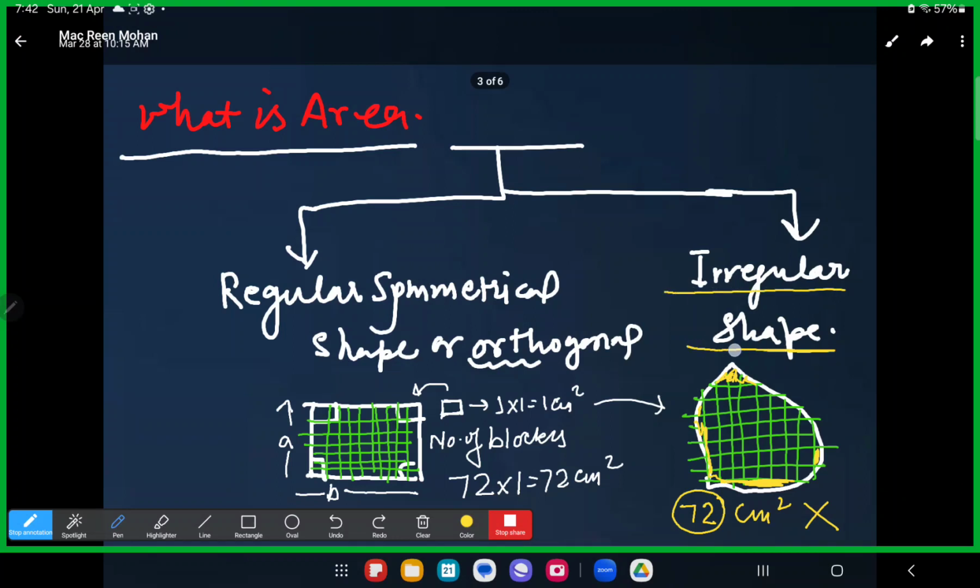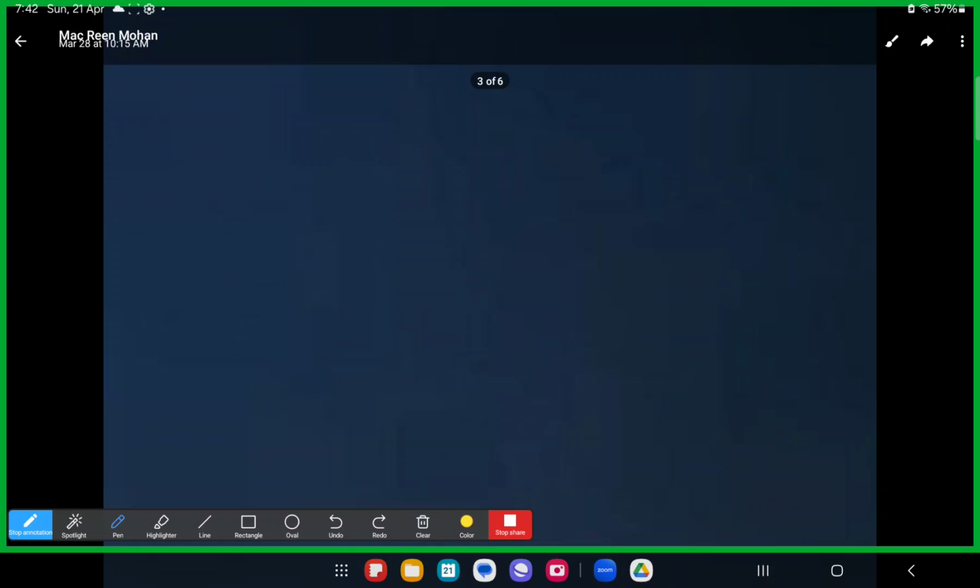So integration is going to give me the idea of how to calculate the area of an irregular shape, because once a perfect orthogonal shape is there, we can calculate very easily, very perfectly and very accurately. So let me quickly tell you how to calculate the area of an irregular shape.